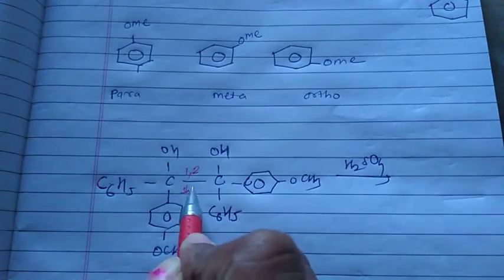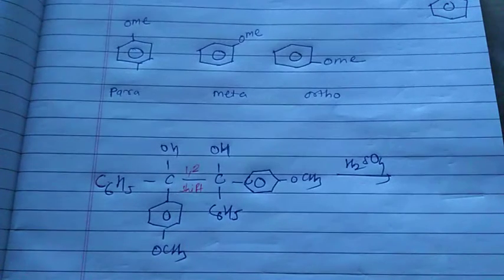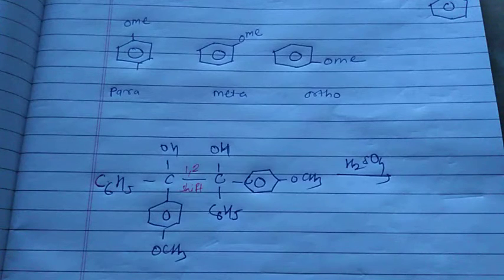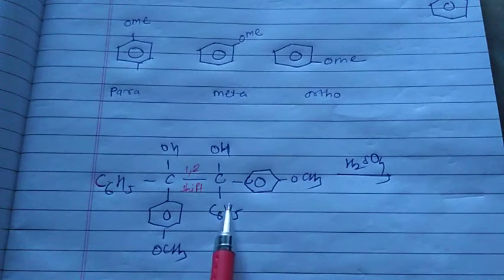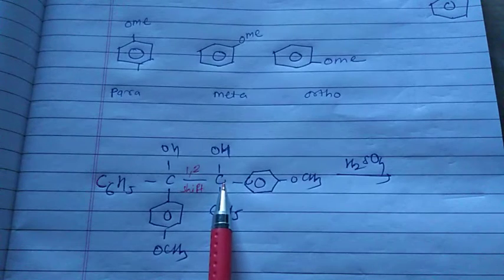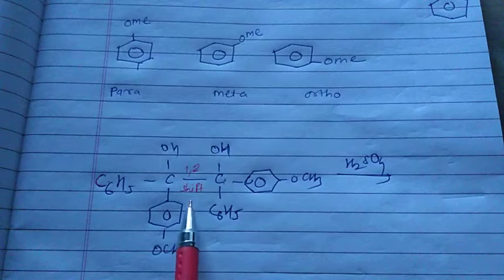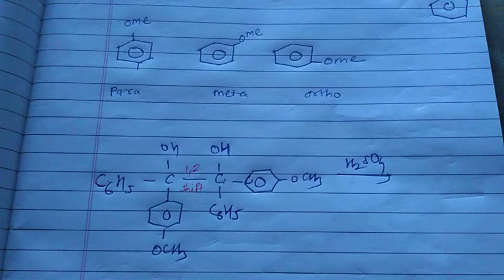The question is, whenever the carbocation is formed, which group is shifted to this other carbon, or which group is involved in the 1,2 shift? That is called migratory aptitude.